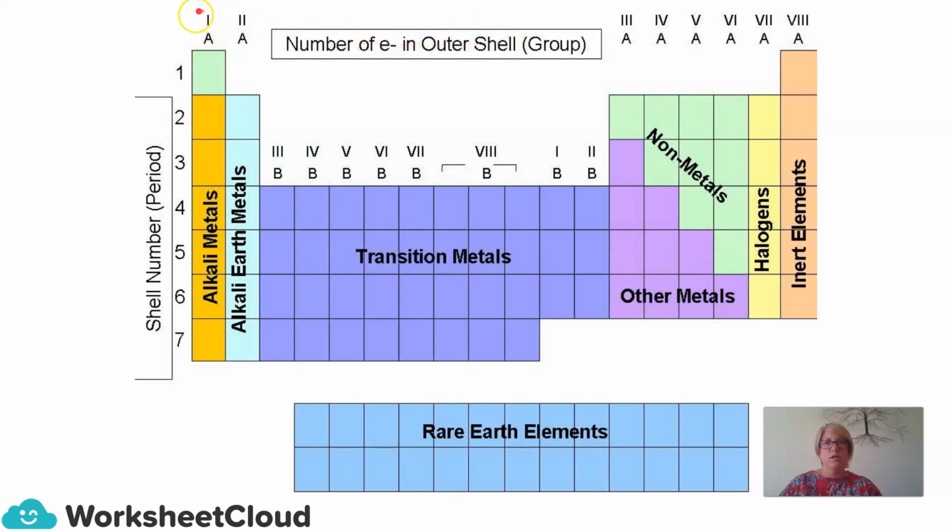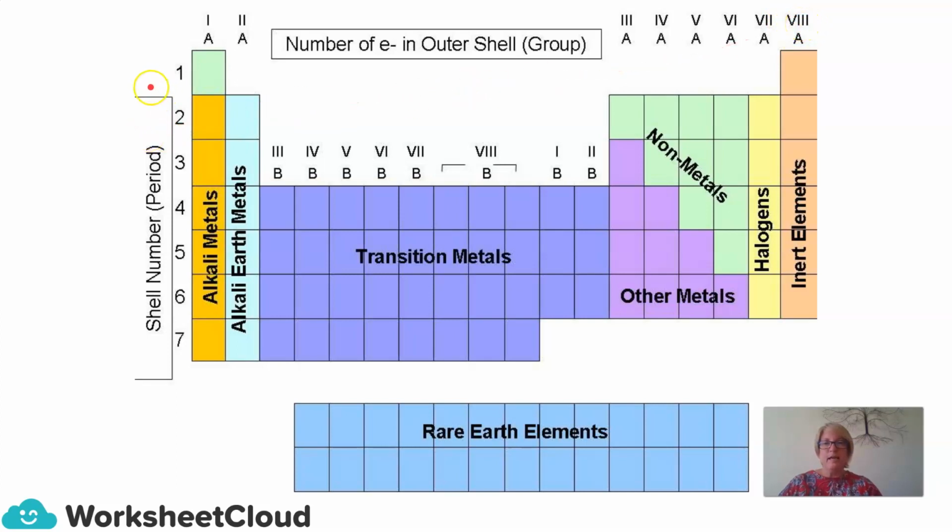So this group is going to have 1 electron in the outer shell. This is going to have 2. This is going to have 3, 4, 5, 6, 7, 8. So for example, with these inert elements or the noble gases, we know that it is group 18, and we refer to it as group 18, but we can also order it according to the number of electrons that we find in the outer shell, and that is going to be 8 electrons.